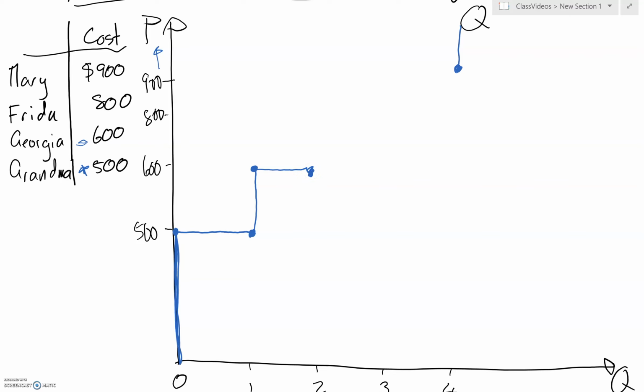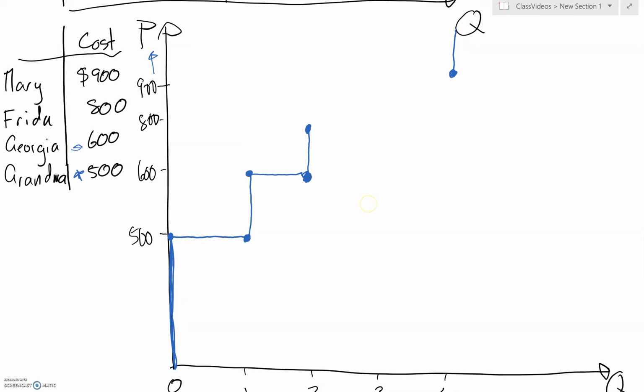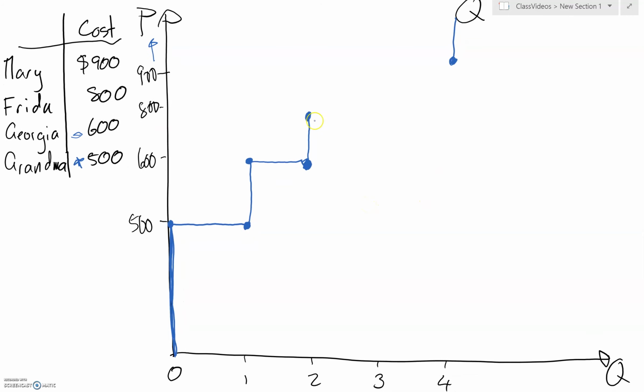Above $600, Georgia is definitely going to sell, but until we get to $800, we're still going to have a quantity of 2. And then at a price of $800, Frida is now indifferent between selling and not selling. And so we get another horizontal line here.